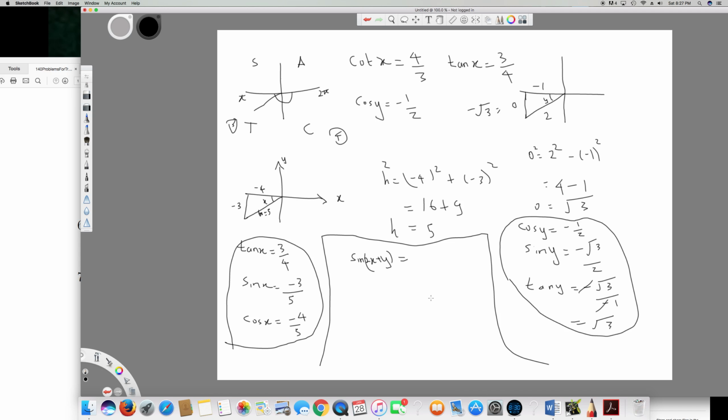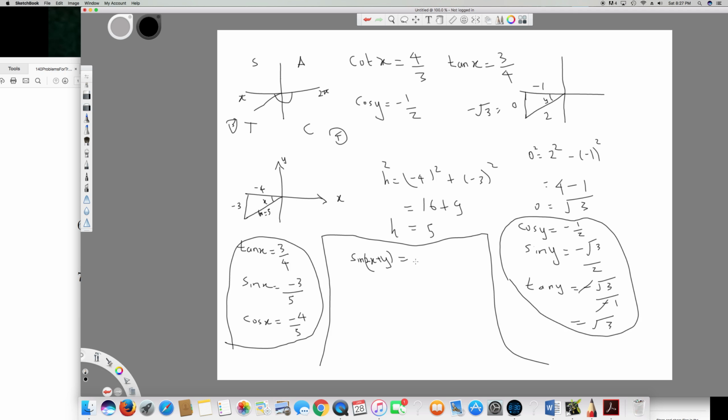As we know, if it's sin x plus y, what we do? We expand it as sin x cos y and cos x sin y. The same process holds here. If it's sin 2x plus y, we expand it as sin 2x cos y and cos 2x sin y.